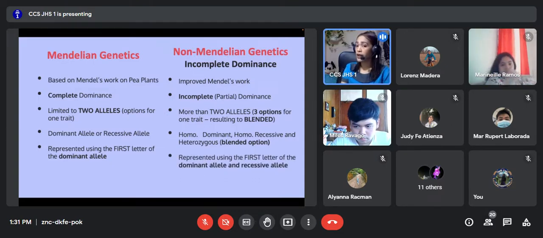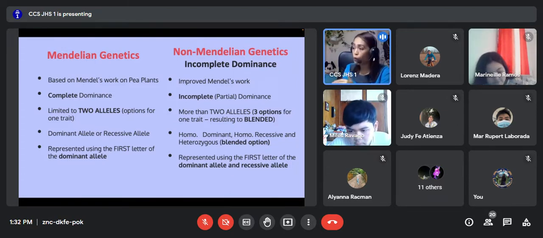However, for non-Mendelian genetics, in particular incomplete dominance, I'm emphasizing this because later on there's a different rule for codominance in terms of how we write the genotype.